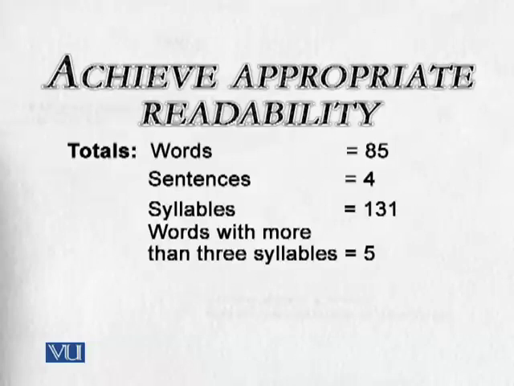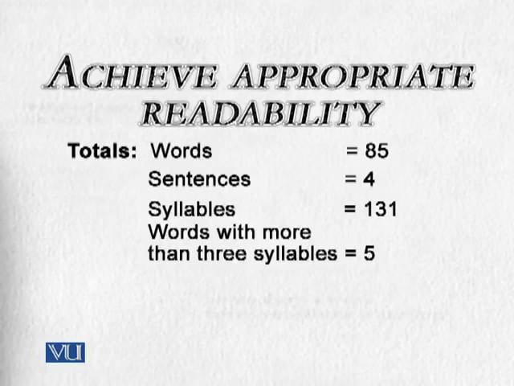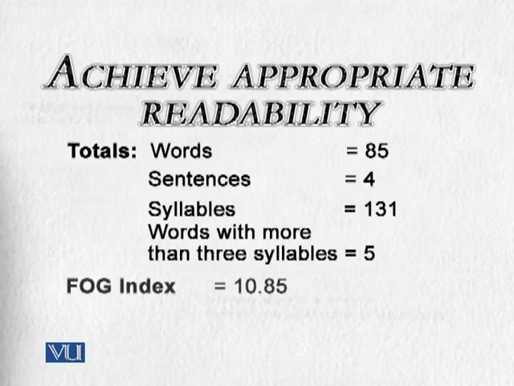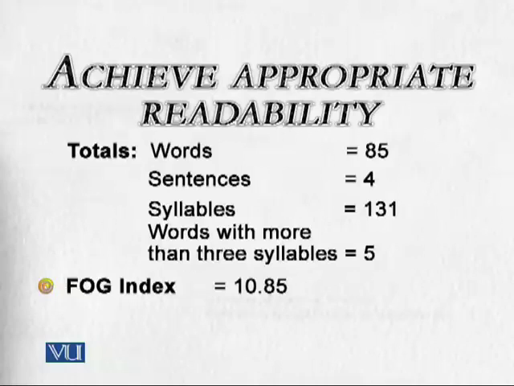Now, if you apply the Fog Index guide, total number of words divided by total number of sentences, then total number of hard words divided by total number of words. Add these two, multiply by 0.4, and our result will be, Fog Index guide of this paragraph is 10.85.